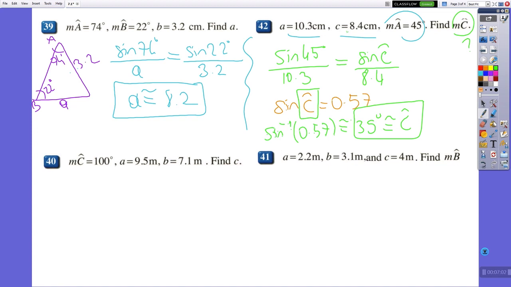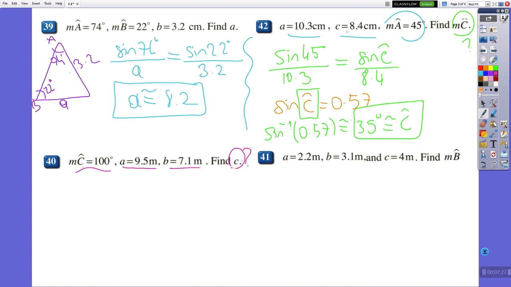The other 2 questions, let's figure out if we need to use law of sine or law of cosine. So here we are given an angle C. We are given side lengths A and B. We don't know what side length C is. You are given an angle, you don't know the angle opposite.